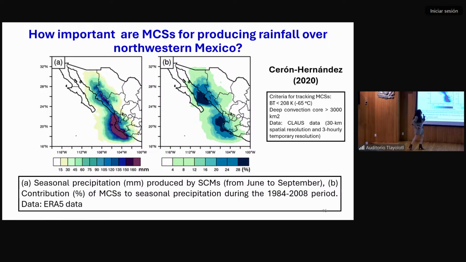You can see here that they produce up to 30% of the seasonal rainfall. We considered here only the months from June to September, when the North American monsoon is very active.